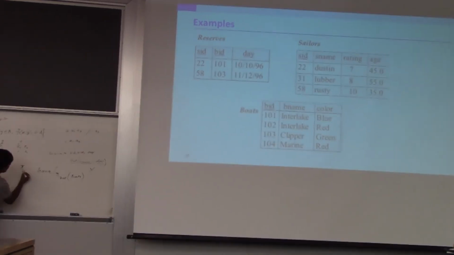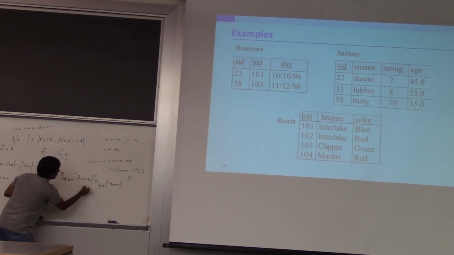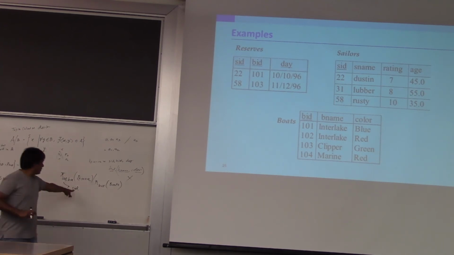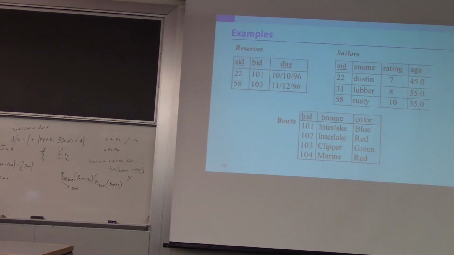Projection of SID and BID. Now the result will be this SID. The attribute that will only be in the schema is this SID. Anyone who missed this one?